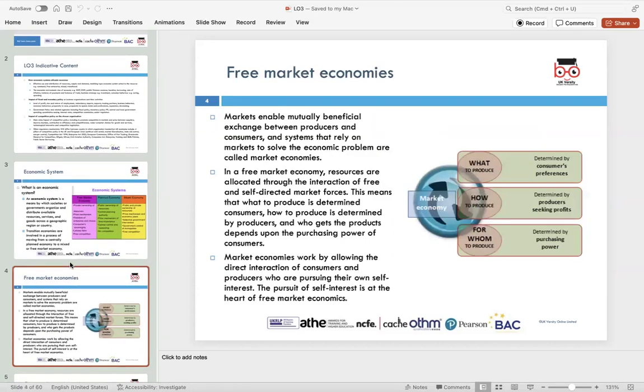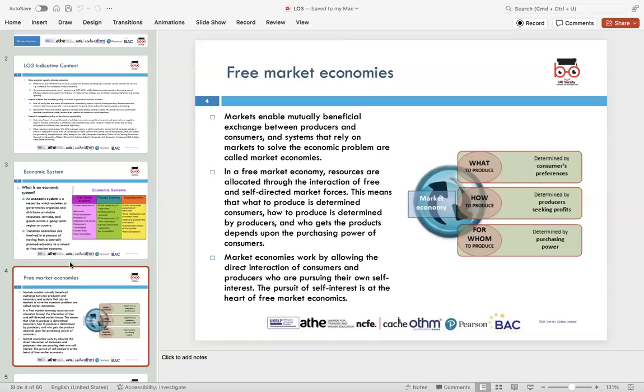Free market economics. Free markets are characterized by the presence of trades between consumers and producers that are mutually advantageous to both parties. In an economy based on free market principles, the distribution of resources is determined by the interaction of free market forces.